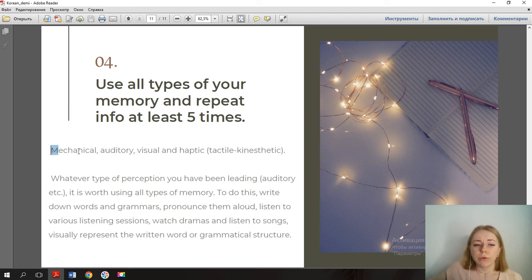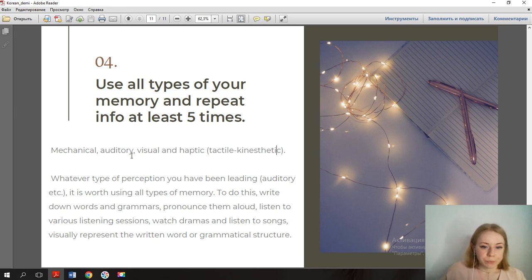It's complicated to find how to use this type of memory. Also haptic, it's a little bit complicated to understand how we can use it, but auditory and visual are the most useful, and we can see the word, repeat the word, and we will study it by heart.